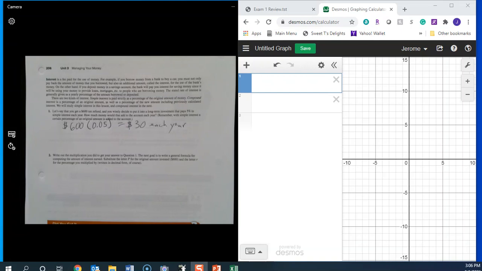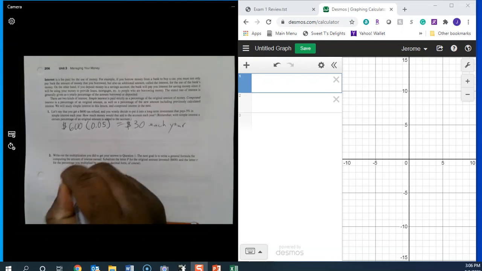Now, number two, it says write out the multiplication you did to get your answer to question one. The next goal is to write a general formula for computing the amount of interest earned. Substitute the letter P for the original amount invested, $600, and the letter R for the percentage you multiply by, written in decimal form, of course.